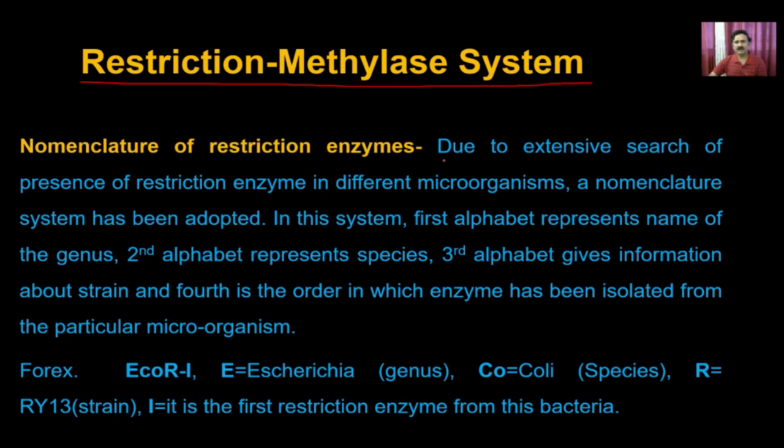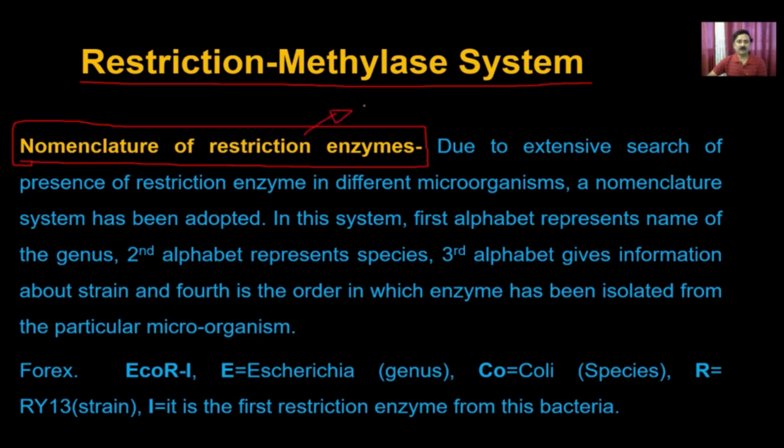People have discovered different types of restriction enzymes from a huge number of different types of microorganisms. Because of that, there is a need for a nomenclature, so that once you say, okay, I am talking about EcoRI or BamHI, you should be able to understand what enzyme I am talking about.